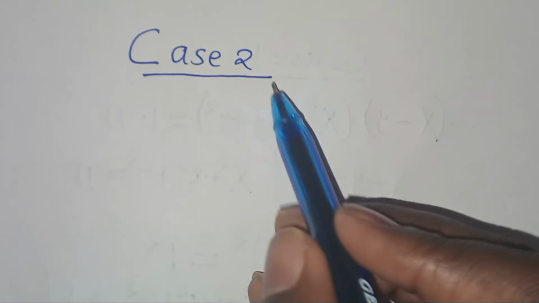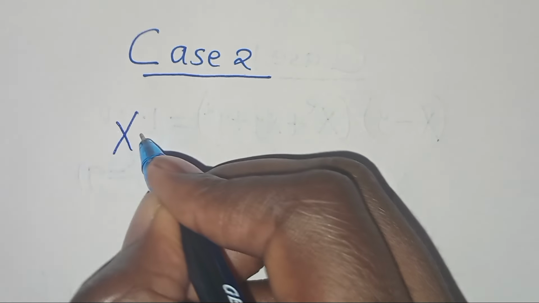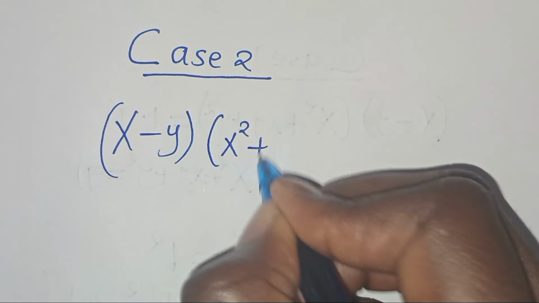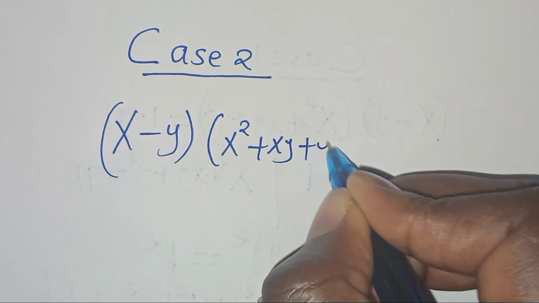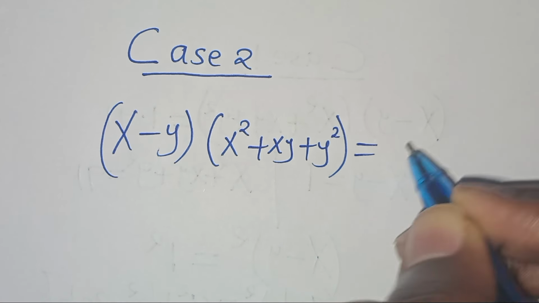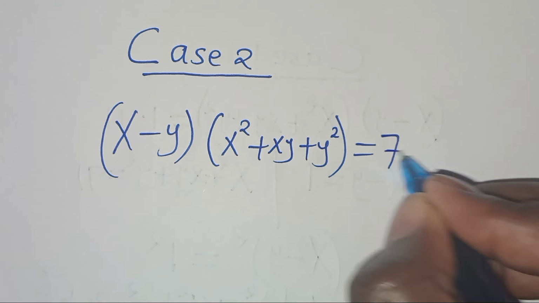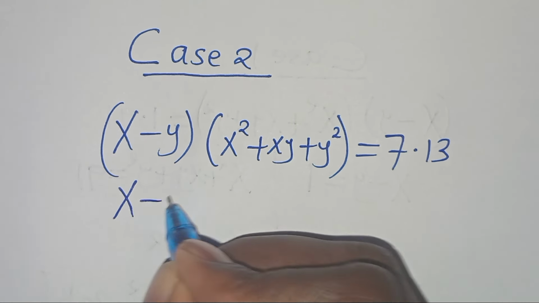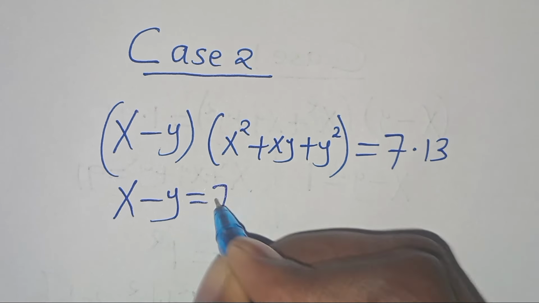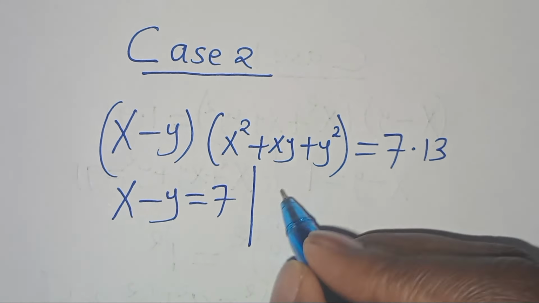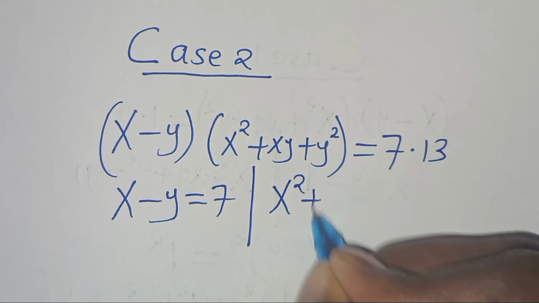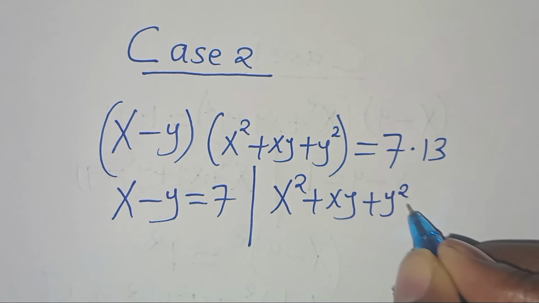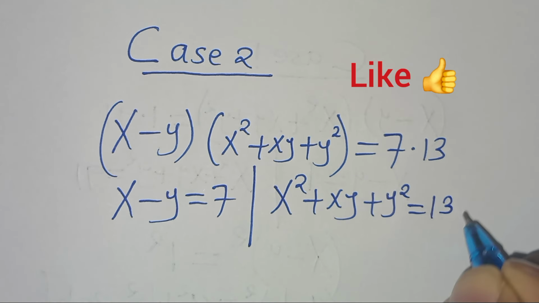Now in case 2 here, we have x minus y times x squared plus x times y plus y squared, equal to 7 multiplied by 13. So this implies that x minus y is equal to 7 on one side, and here we have x squared plus x times y plus y to the power of 2 equal to 13.